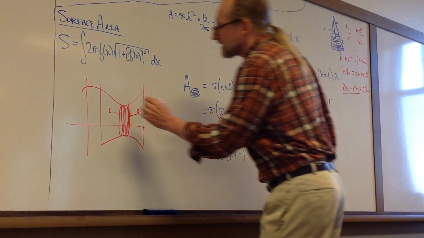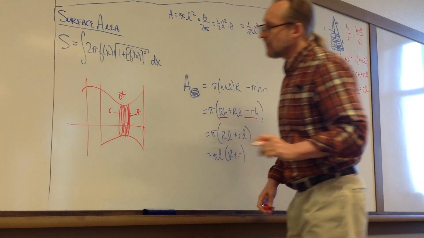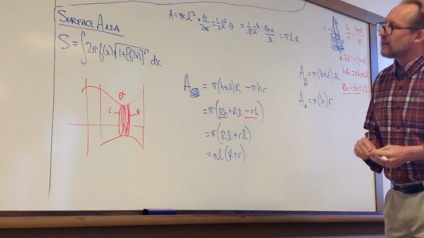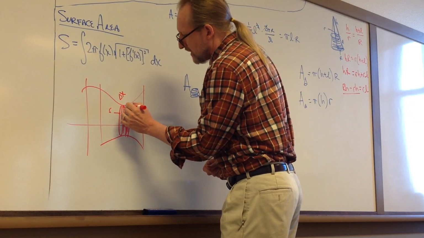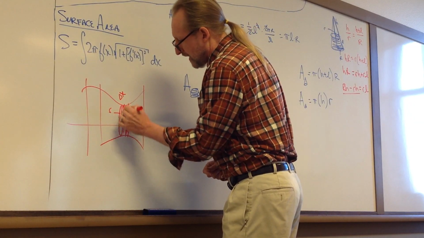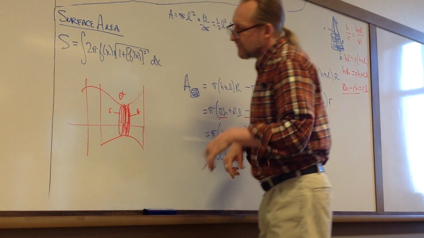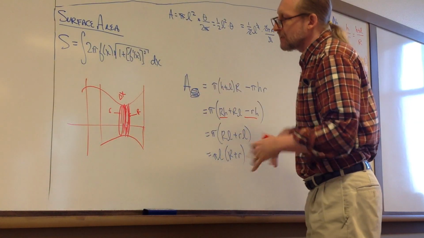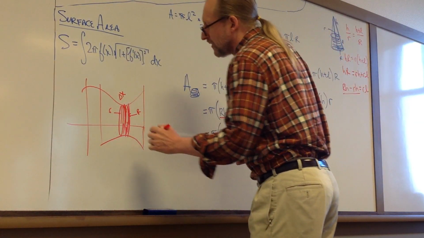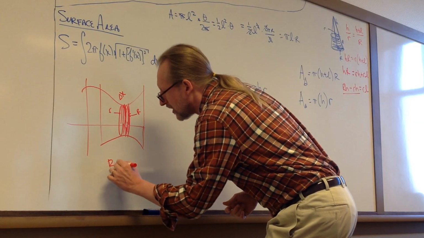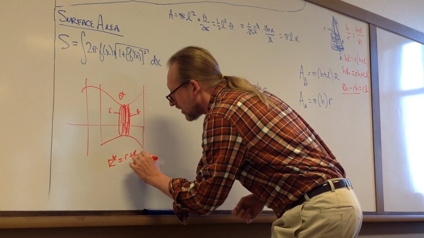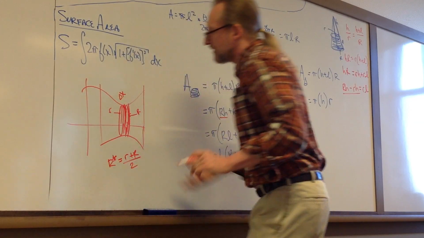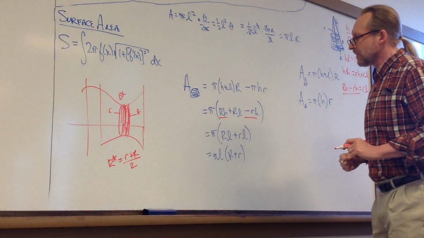And because this thickness is a delta x, the trick is that this is going to be skinnier and skinnier, and the difference between big R and little r is going to become negligible, and we can create this average of those two called r star, which is the average of those two radii.